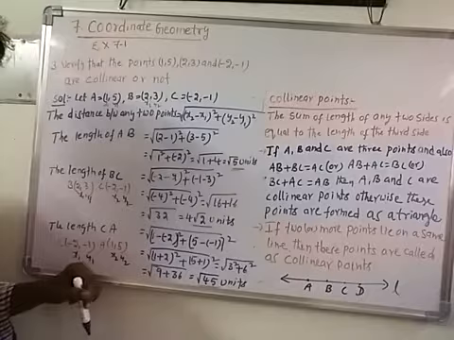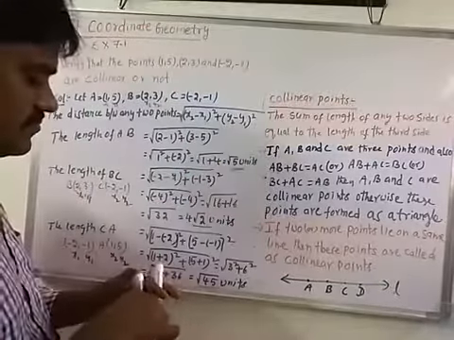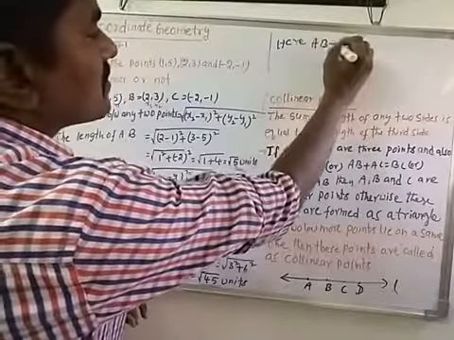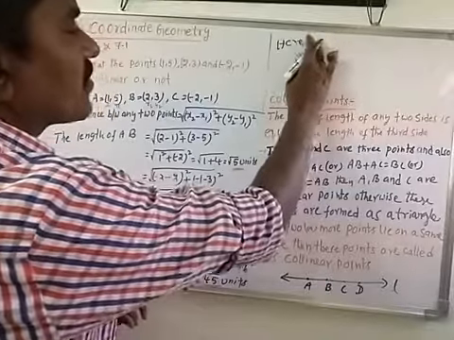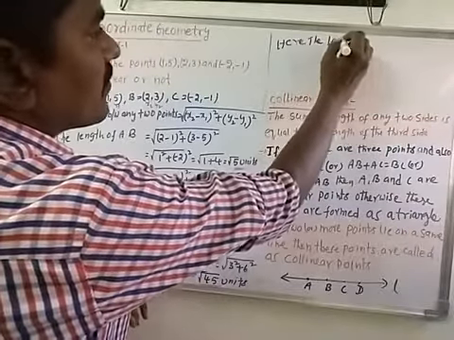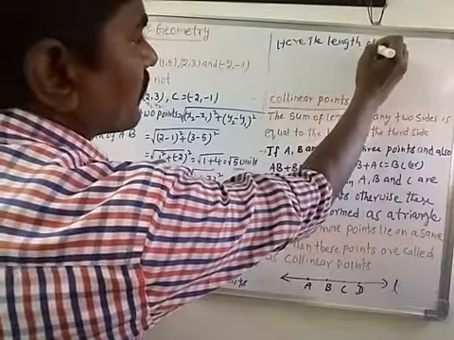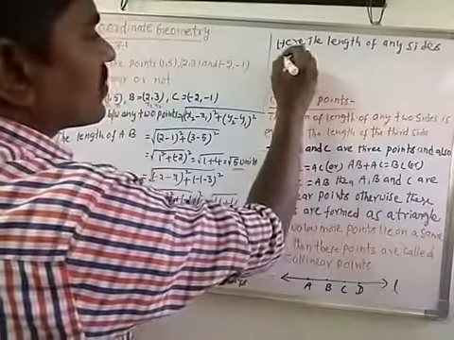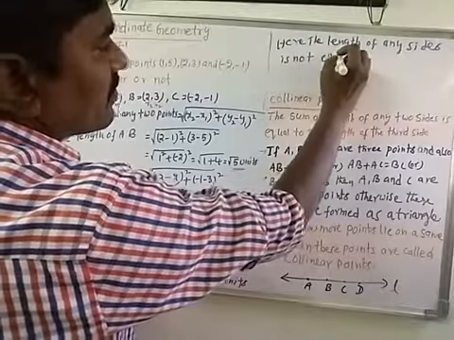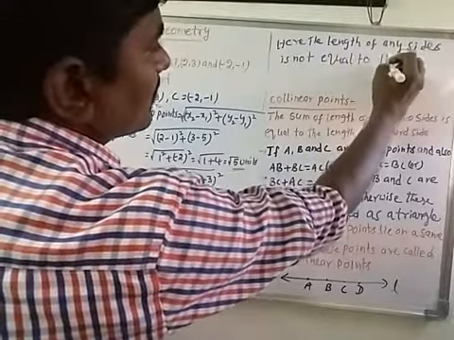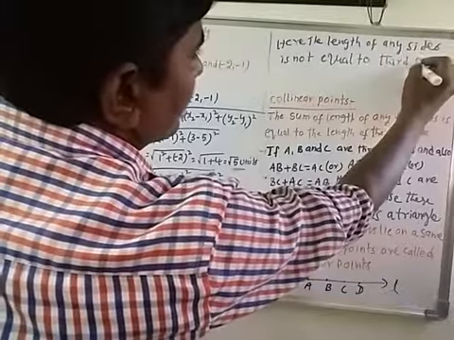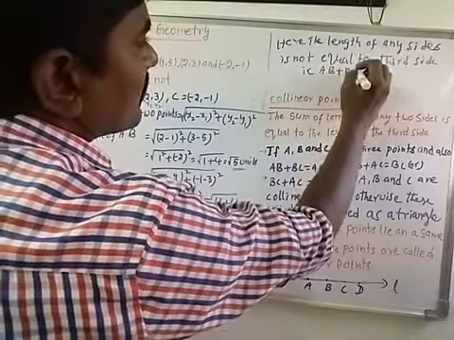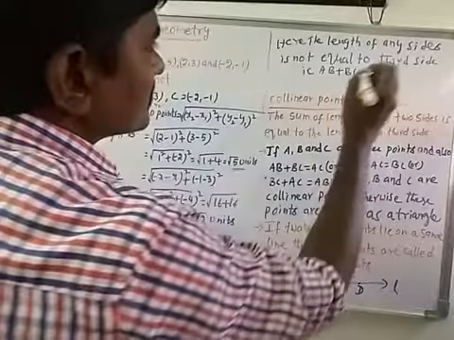No. So the length of any two sides is not equal to the third side, that is AB plus BC is not equal to CA.